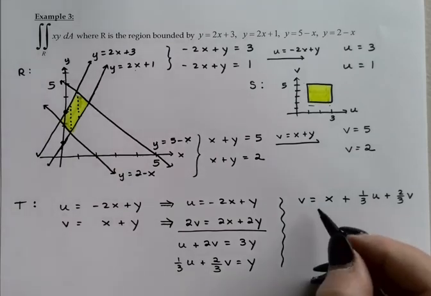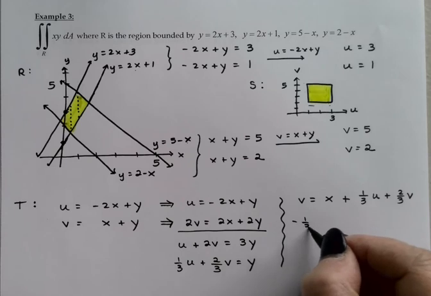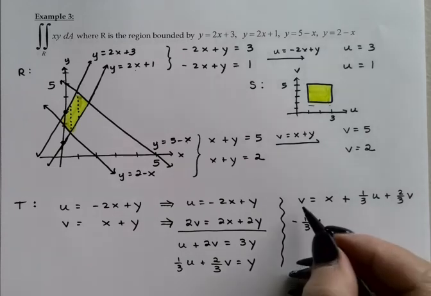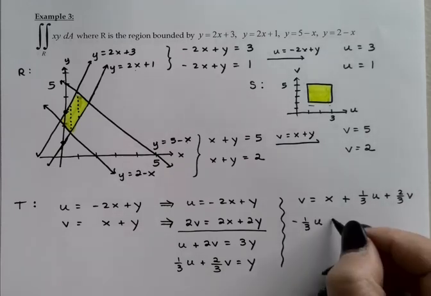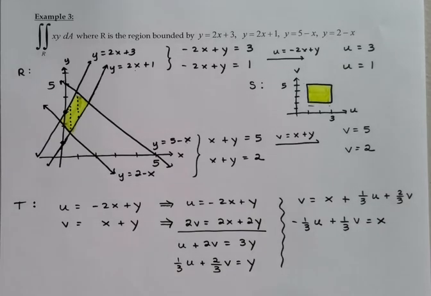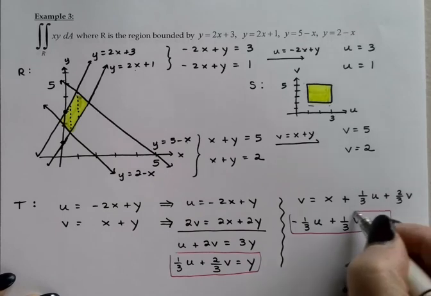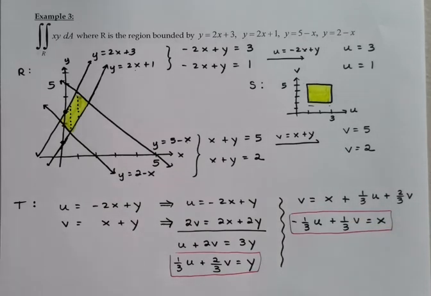I can move everything to the left-hand side. So I'd have a negative 1/3 u, and v minus 2/3 v would be a positive 1/3 v. And that's equal to x. So I now have these two equations for my transformation: an x equals equation and a y equals equation.